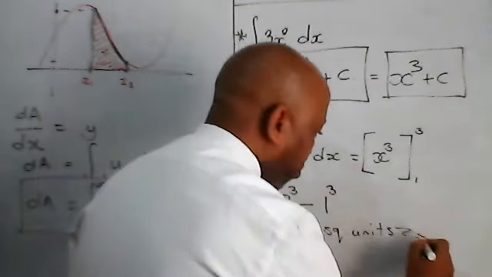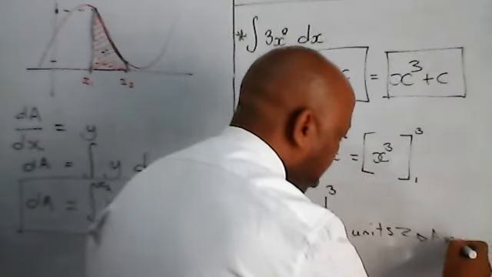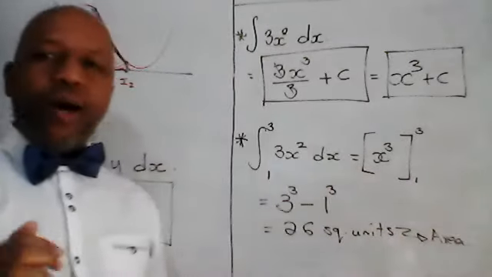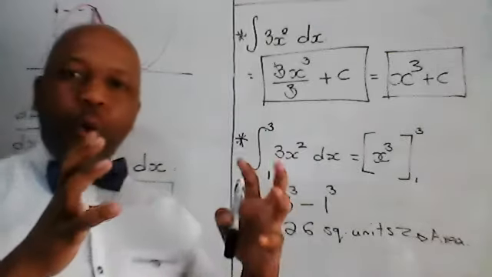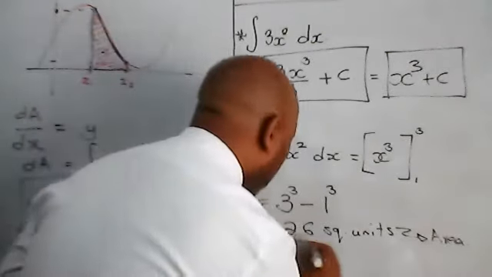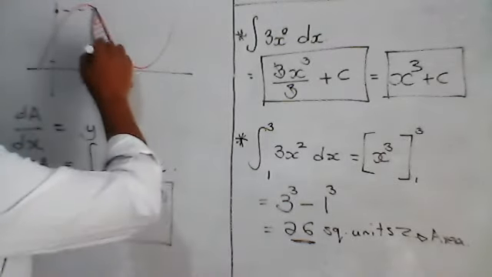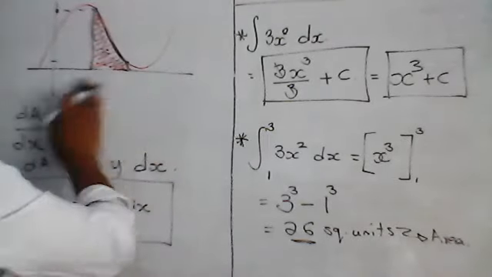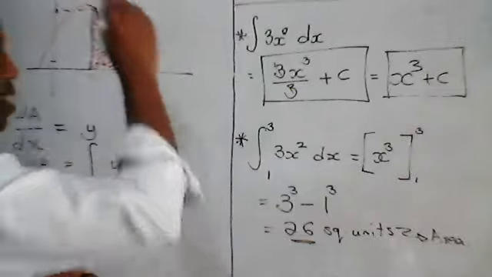And this, folks, becomes our area quantitatively in square units. So we are looking at 26 square units there, if the boundaries were 1 and 3.